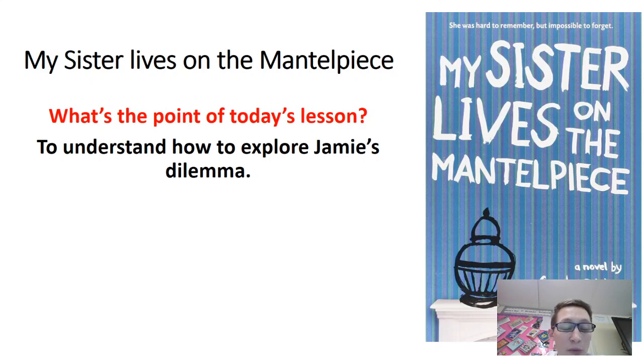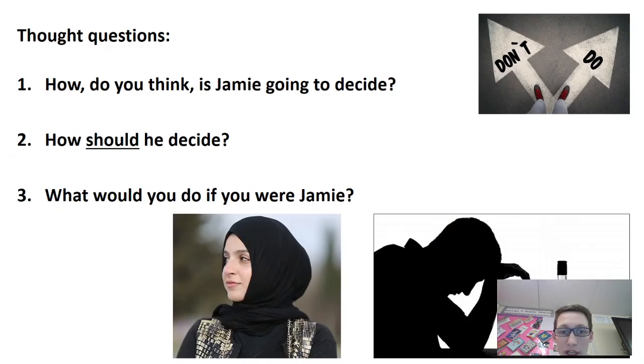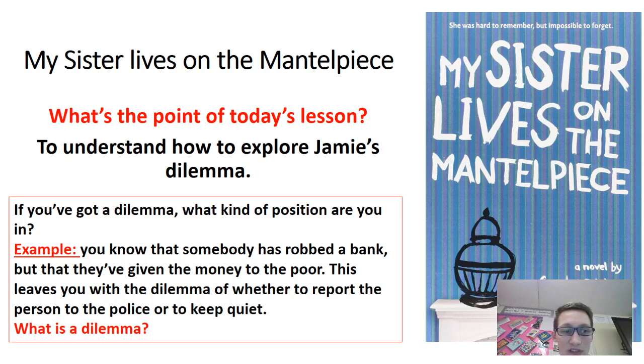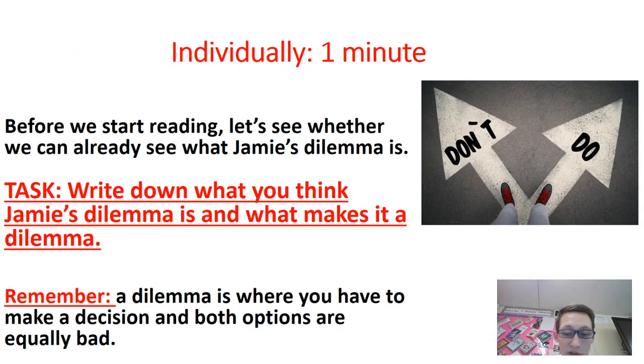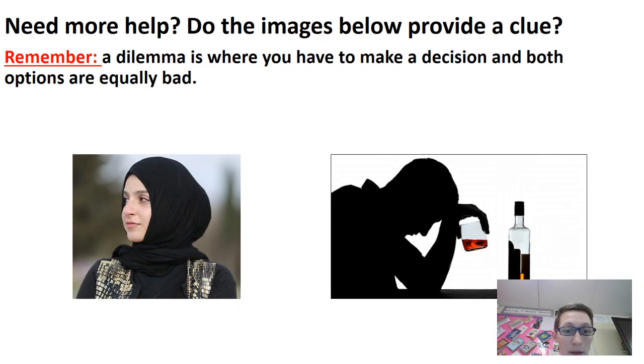Okay, so coming back to the point of today's lesson and this idea of dilemma, I hope you've been able to explore the idea of dilemma. I hope you have a clear understanding of what Jamie's dilemma is. If I talk you back through what we've done today, we've considered what Jamie's dilemma might be.